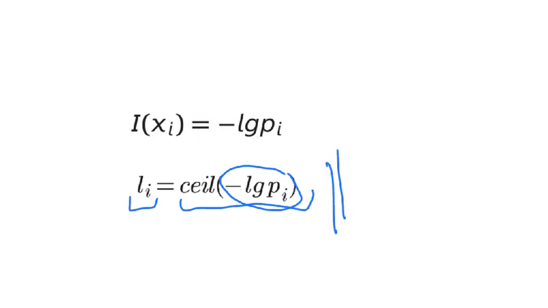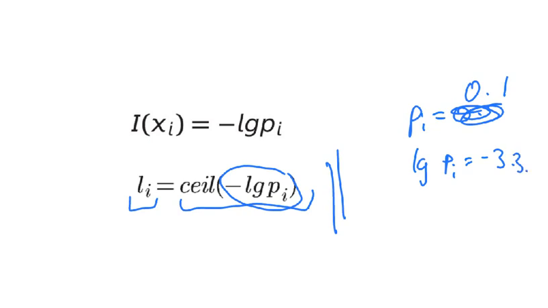So for example, let's say pi equals 0.1, we have seen this example. Log pi will give you negative 3.3 something, and negative log pi will give you 3.3 something.